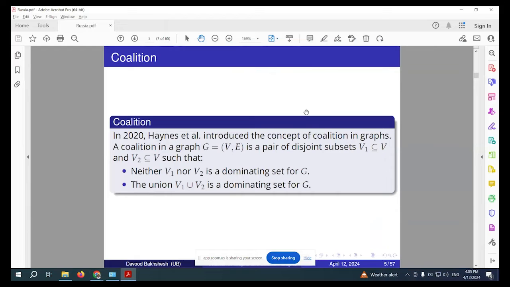Consider a graph G with vertex set V and edge set E. A coalition in G is a pair of disjoint subsets V1 and V2 such that these two conditions hold: neither V1 nor V2 is a dominating set for G, and the union of V1 and V2 is a dominating set for G.